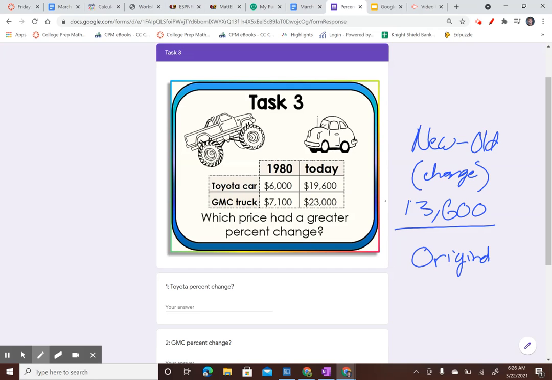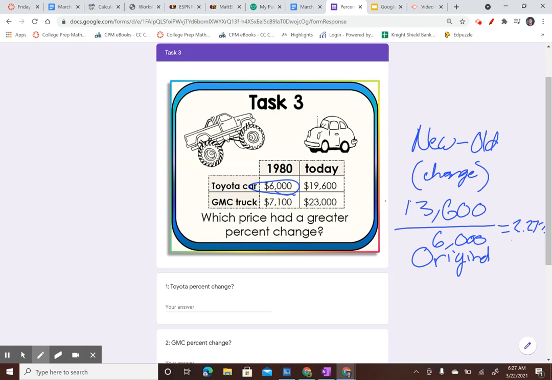And then my original. Well, that's nice and easy. That's just going to be what I started at in 1980. So that's going to be divided by 6,000. And when I do 13,600 divided by 6,000, I get 2.27.